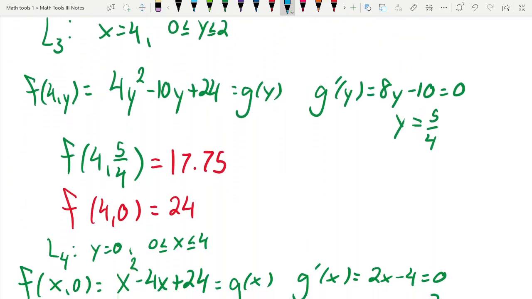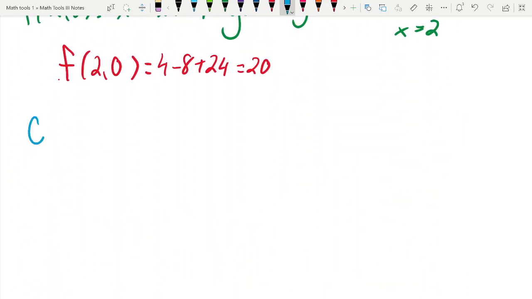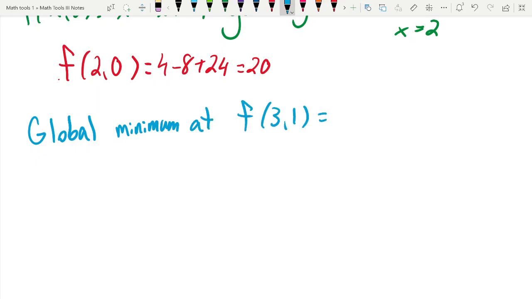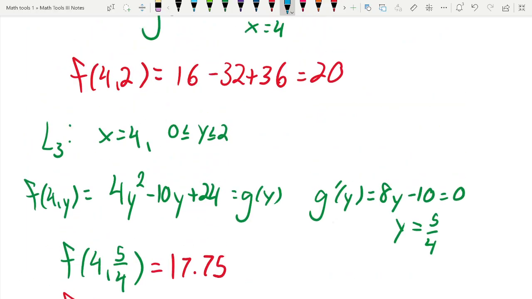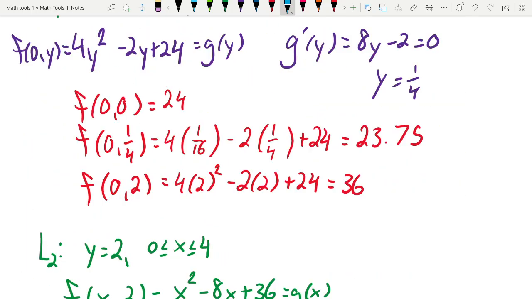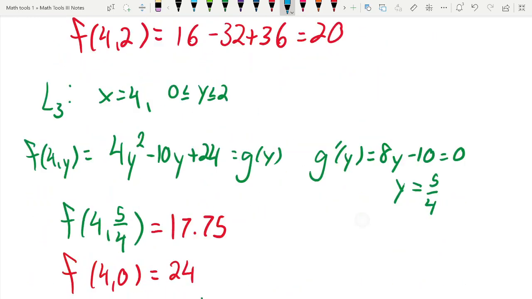We have a global minimum at f of 3, 1, which equals 17. And then the global maximum, I think, is at 36. Looking at 20, 24, 17.75, 20, yep, it looks like this 36, which is at 0, 2.